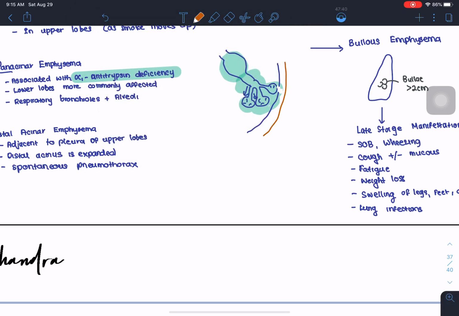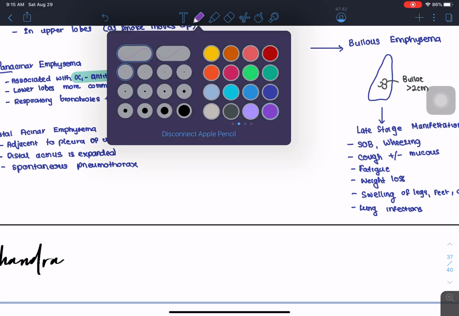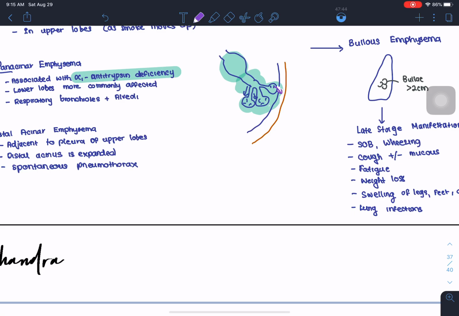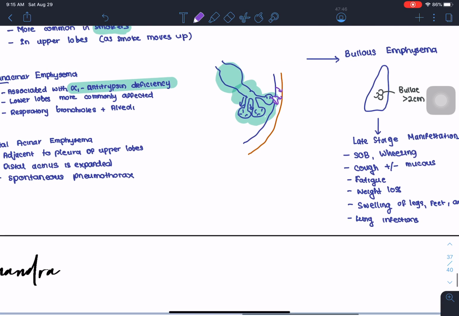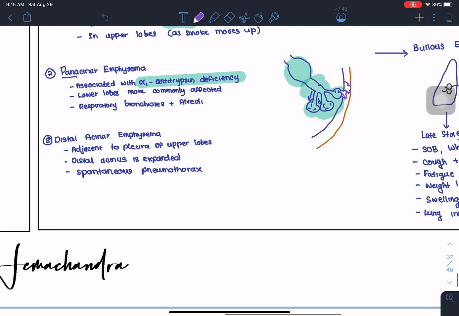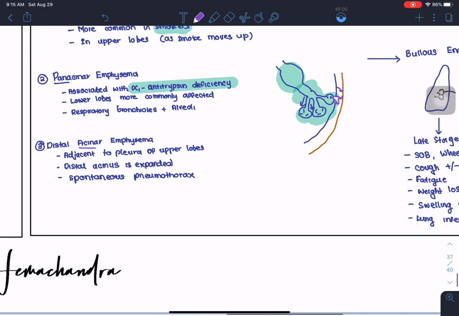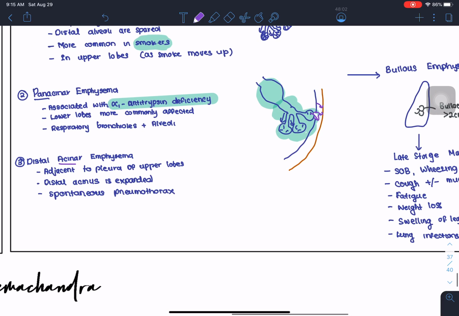Air in the pleural space. Air can enter here. This involves distal acinar emphysema. Like the name says, it involves the distal acini. What is the acinus? The portion that is oxygenated by the respiratory bronchioles and the alveoli.